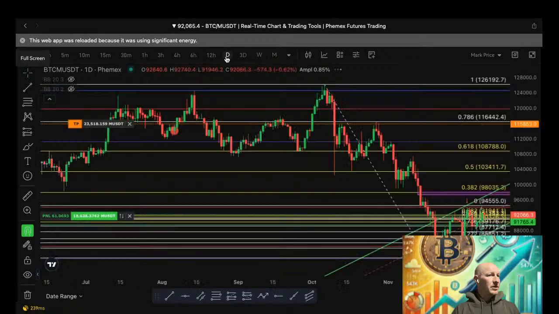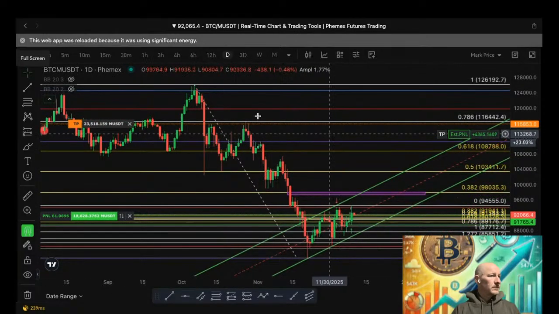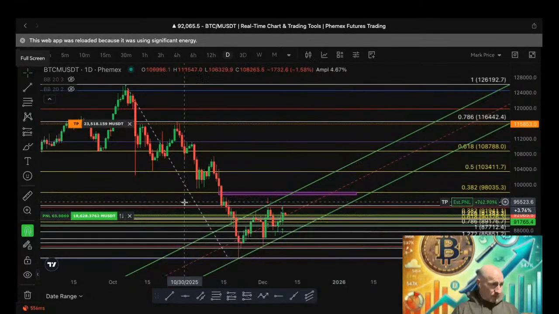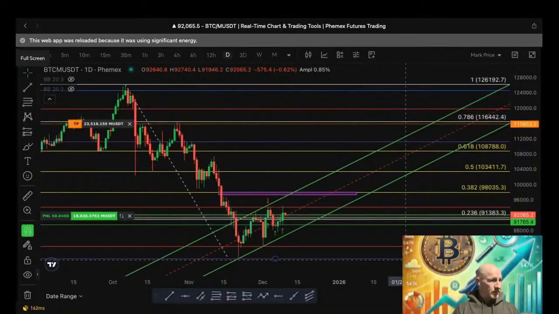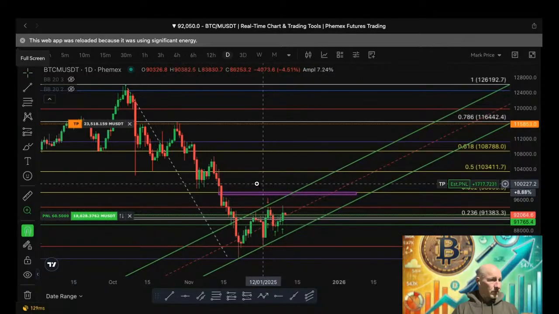Go to the daily chart. Zoom in. Let's get rid of this for now. So let's do this here.